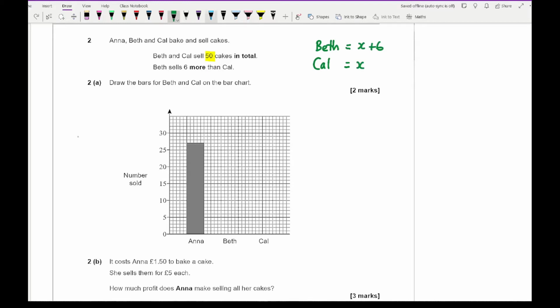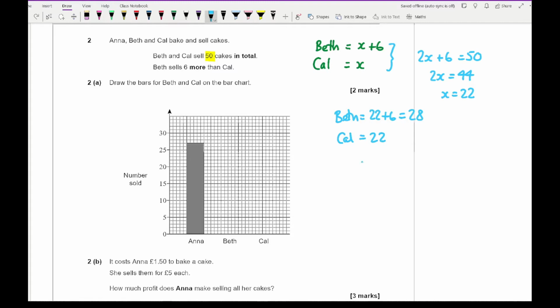The total of these 2 is 50, so we've got 2x plus 6 equals 50. Solving this, we get 2x equals 44, so x equals 22. So Beth is 22 plus 6, which is 28, and Cal is 22. So there are our 2 numbers.